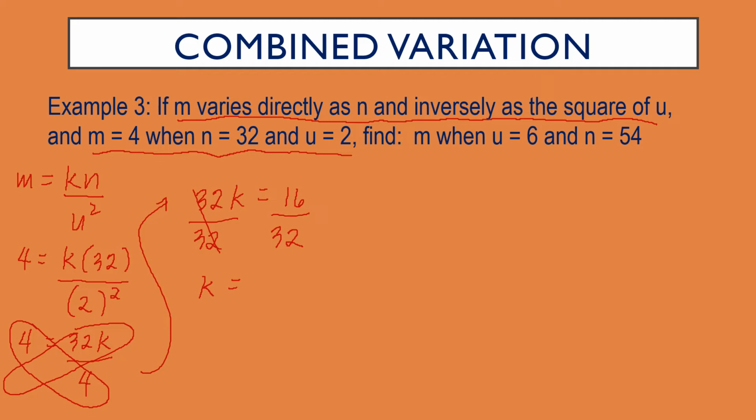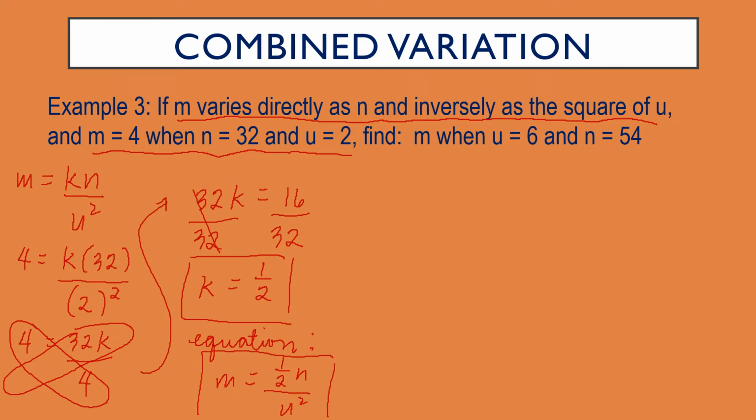In simplest form, that is 1/2. Since k is equal to 1/2, what now is the equation of the variation? The equation of the variation now is m is equal to 1/2 n over u squared.